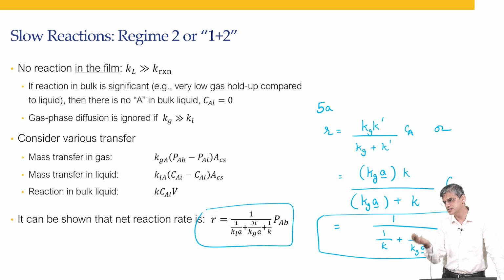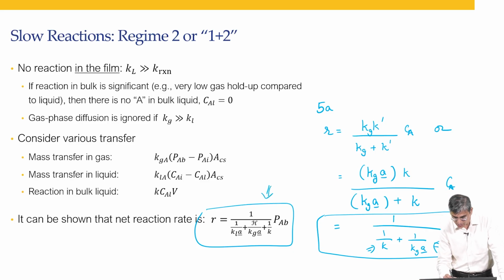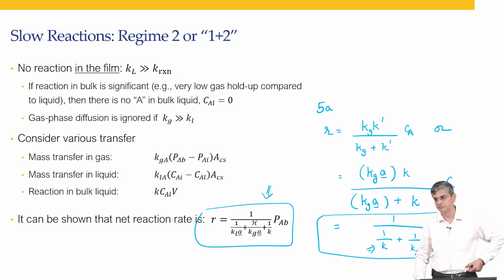In module 7 you have a gas film and a liquid film. So this takes care of intrinsic reaction, this takes care of the gas film, and then there is one more for the liquid film. Okay. When does this happen? This happens when no reaction is taking place in either the gas or the liquid film.